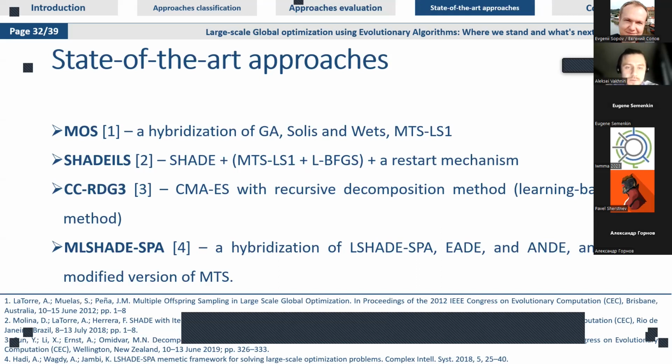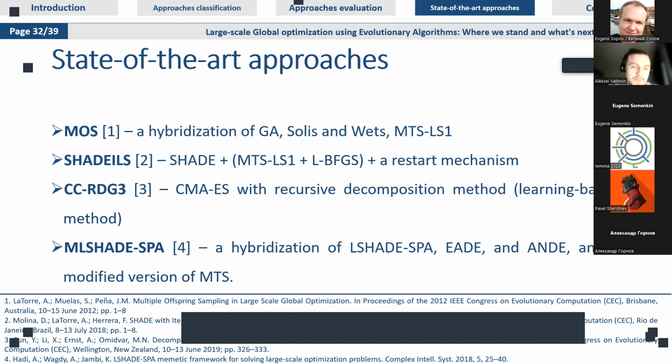It's also a hybrid, with the SHADE algorithm as the main optimizer. In the brackets, you can see the names of the local search approaches, and SHADE-ILS also has some restart mechanism.